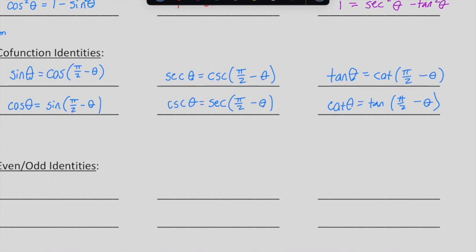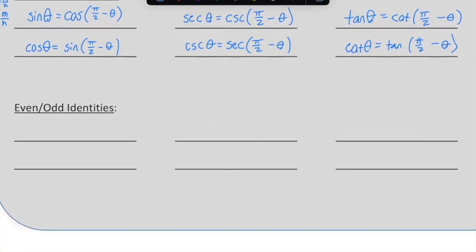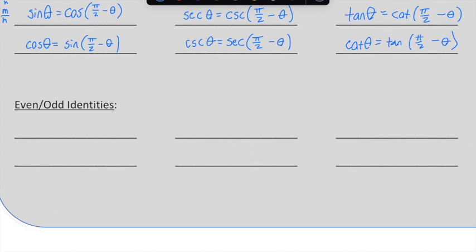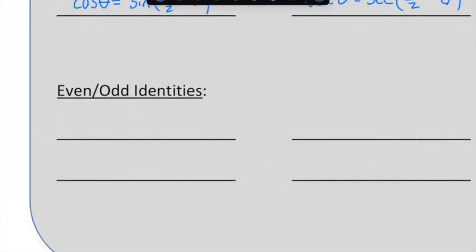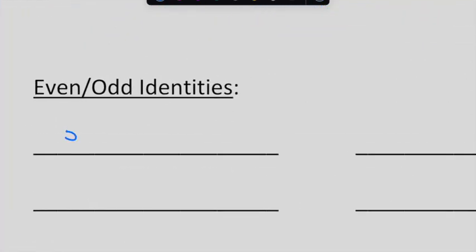Okay. This last section here is dealing with taking the sine or cosine or really any trig function of negative angles here. So let me kind of cue us up here. What I want y'all to write down below is I'm going to write sine of negative theta equals, and then I'll do the reciprocal ones down below those.